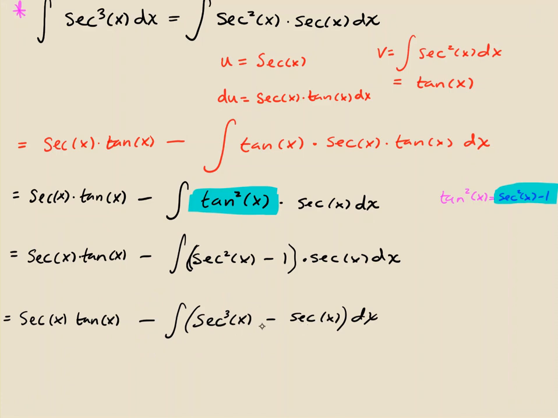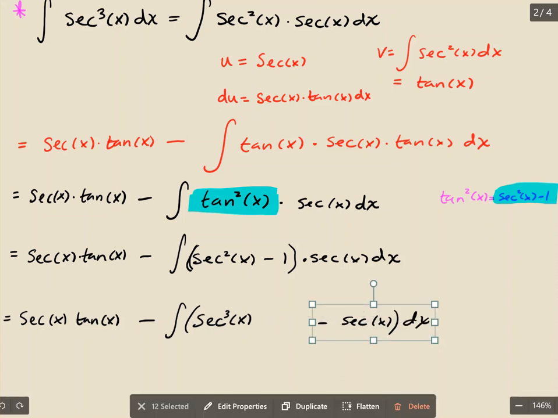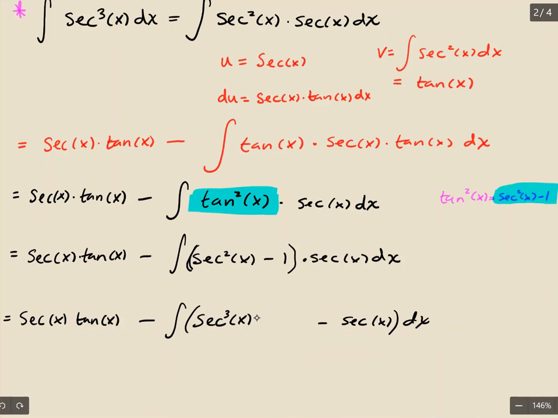And since we have the subtraction, we know we can split the integral into the integral of the first thing minus the integral of the second thing. So we have the integral of secant cubed x dx minus the integral of secant of x dx.